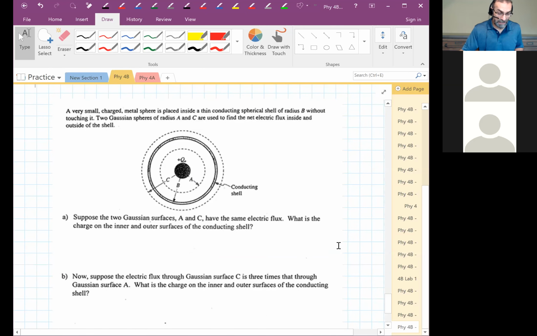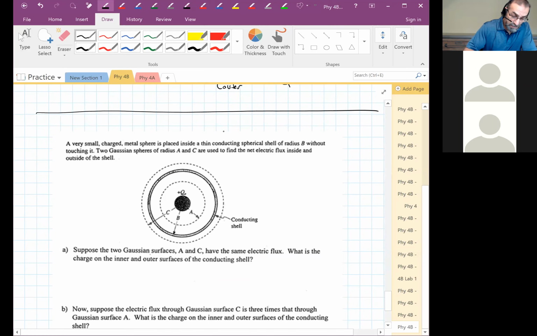So here we've got a charge at the very center, capital Q, positive charge. We've got this conductive shell here. I'm going to highlight it in green.